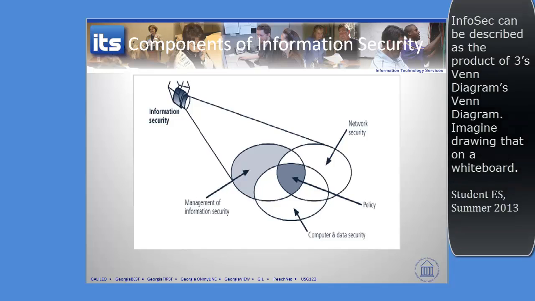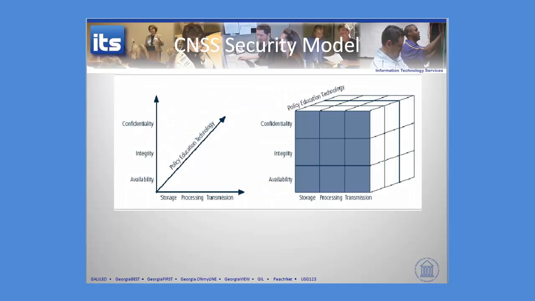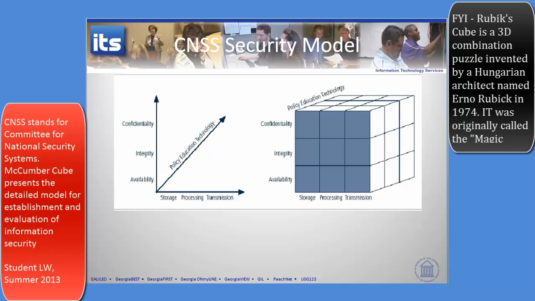All right, let's move forward to a slide that you're going to learn to love or learn to hate, because we're going to spend some time on this slide. So this is the CNSS security model. I'm not going to tell you what CNSS stands for. You're going to have to look it up. Most people in business aren't going to ask you, but they're going to be familiar with this idea that confidentiality, integrity, and availability are key characteristics of information, and you've got to protect those.